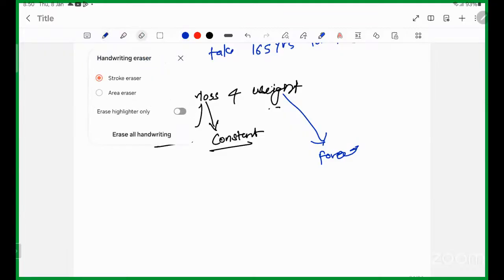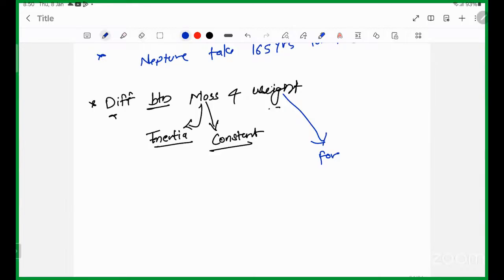Weight is the force exerted by any planetary body.